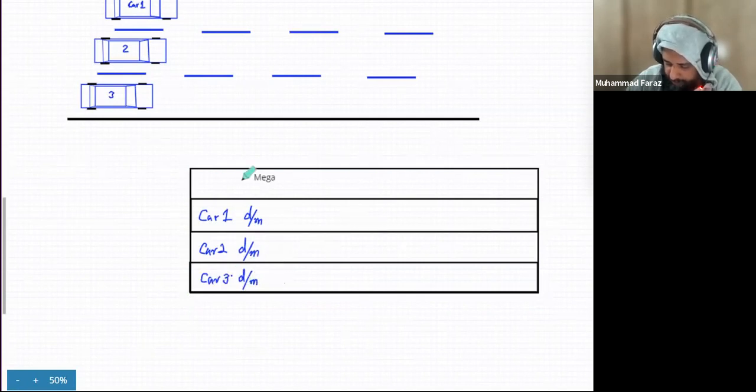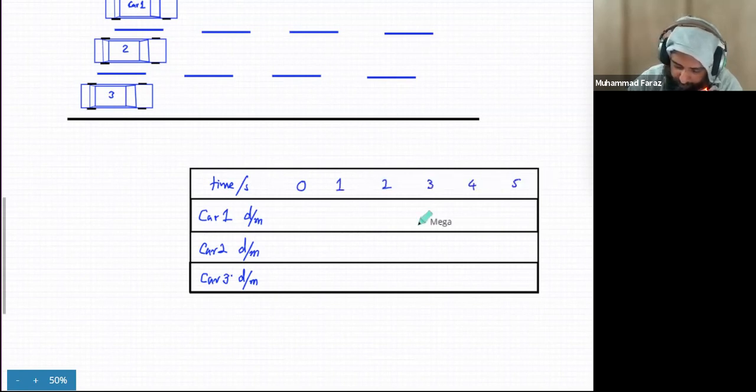And this is time in seconds: 0, 1, 2, 3, 4, and 5. Car number one: 10, 20, 28, 34, 38, and 40.